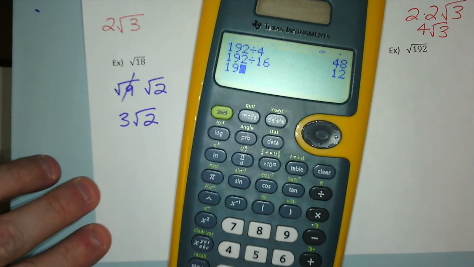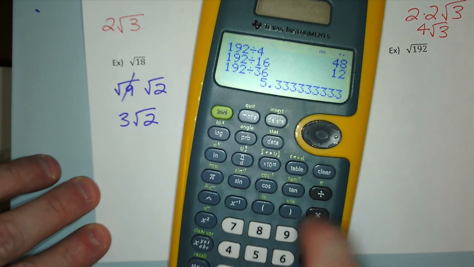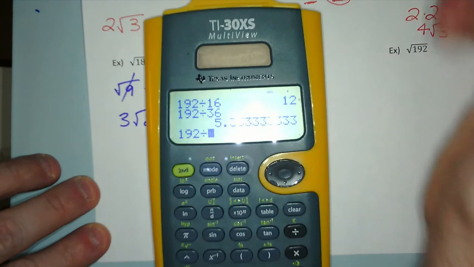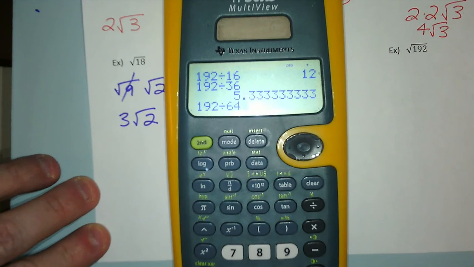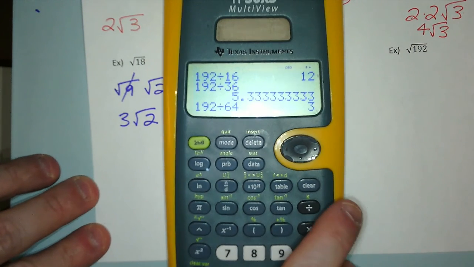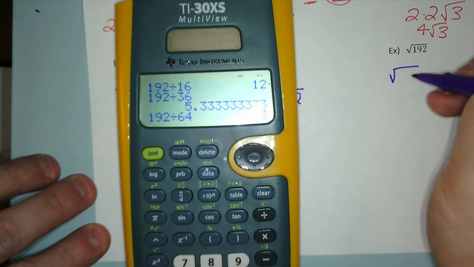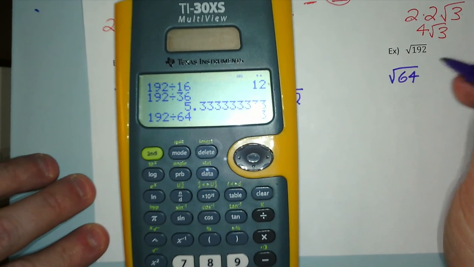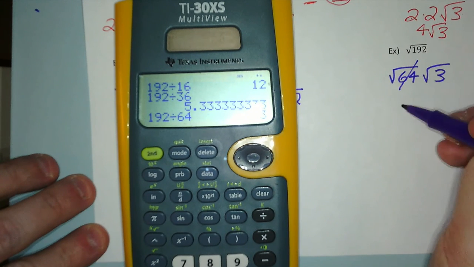So 192 divided by, I don't know, 36? No. See, that didn't work out. What else is there? 64? How about 64? Bingo! So we got the square root of 64 times the square root of 3. And so this just becomes 8 root 3.